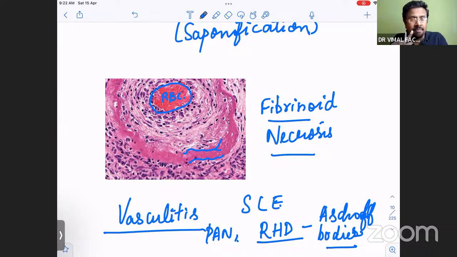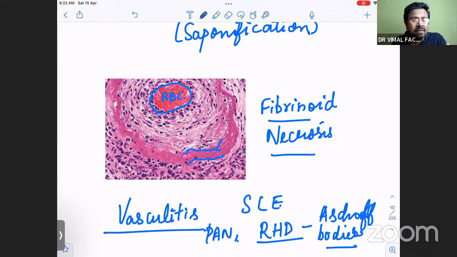And please remember, a very important point to differentiate apoptosis and necrosis is that in necrosis there will be inflammation, and in apoptosis there will not be any inflammation. Why? Because necrosis, whether it is caseous, coagulative, fibrinoid, fat or liquefactive, is always accompanied by inflammation, because the cell membrane is damaged.